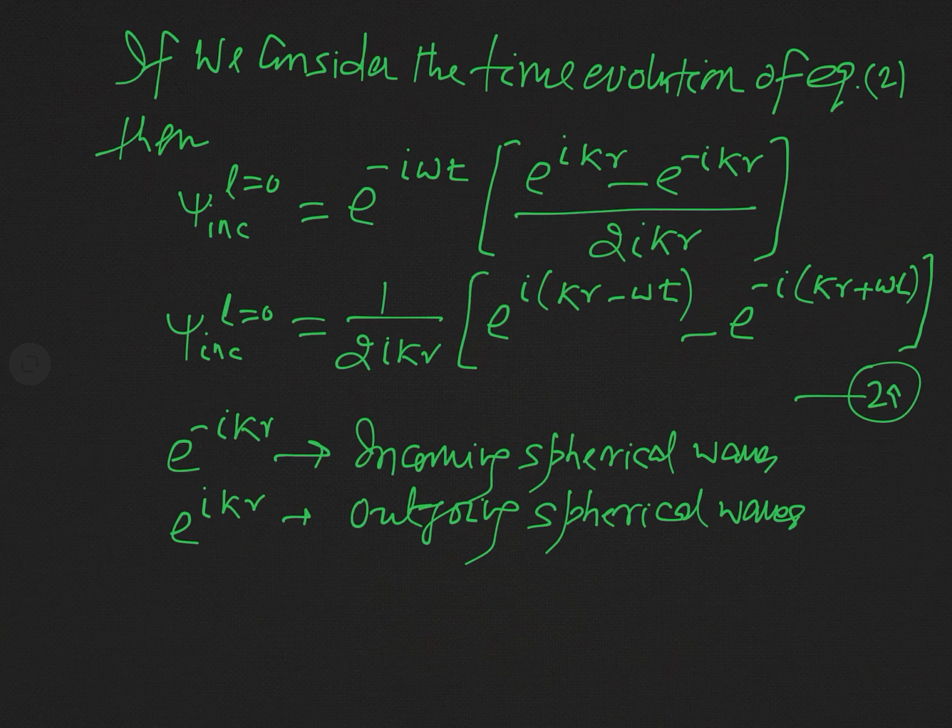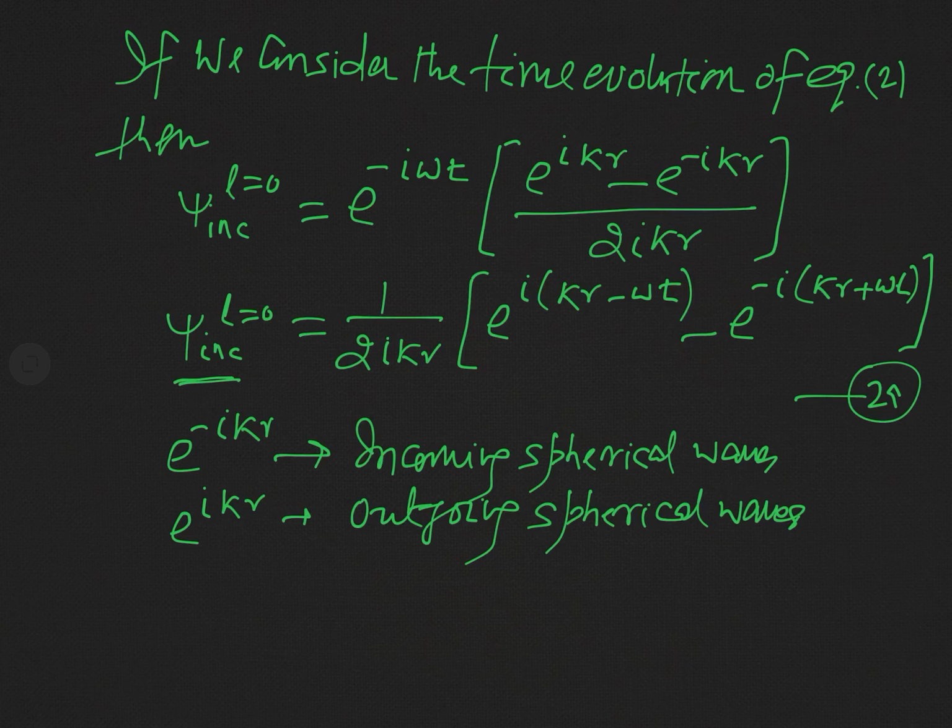So two important things we have discussed: when we consider the low energy scattering, then the l equal to 0 wave, that is S wave scattering, will be dominating, and we consider mainly the S wave scattering in case of low energy NP scattering. And another important fact is that the incident wave, when we do not consider any potential, because you have seen that this solution is when we have switched off the potential.